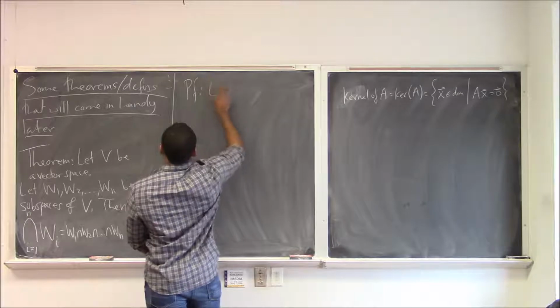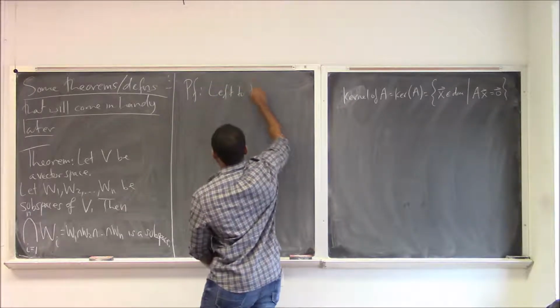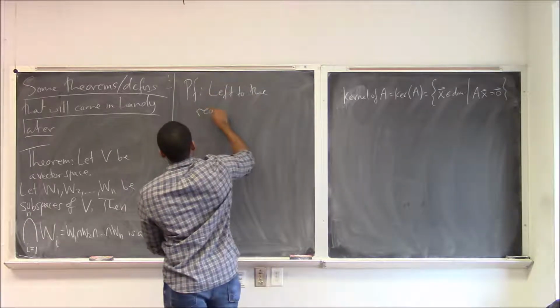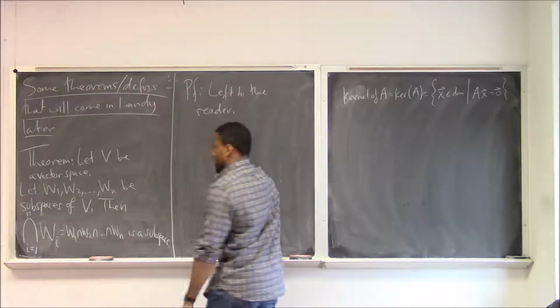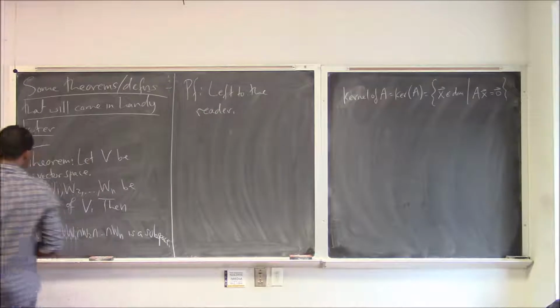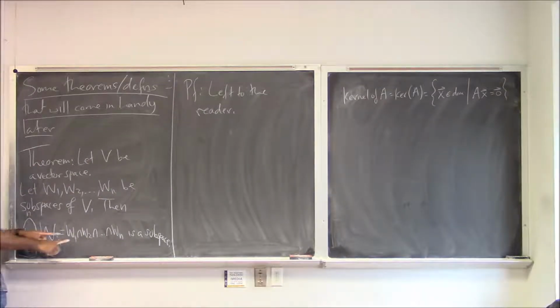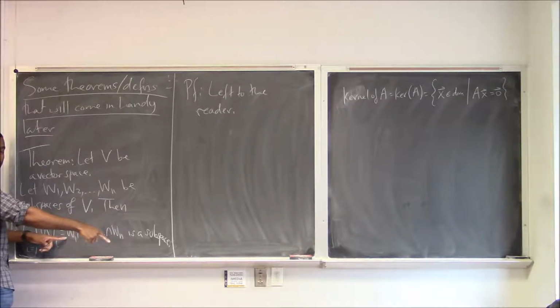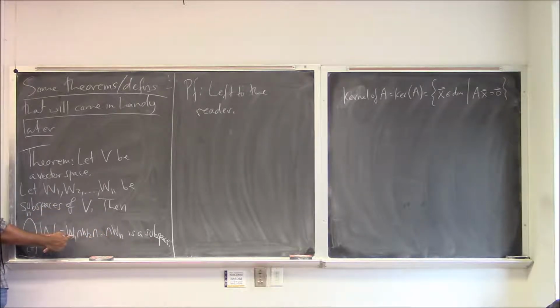Proof. Left to the reader. But it's not that bad. Again, you'll prove it exactly the same way. Let A and B be two elements in this set, which means they're elements of every single one of the subspaces. If A and B are members of W1, then W1 is a subspace, so if I add them, I get a member of W1.